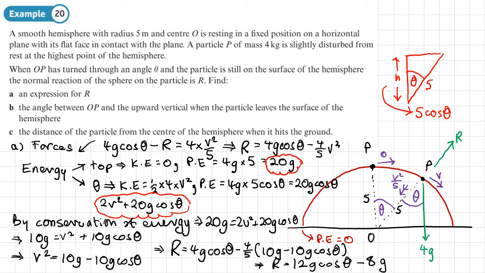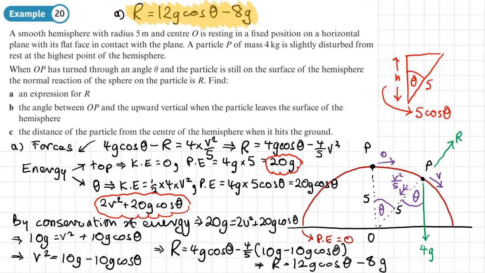So that gives us the normal reaction in terms of theta. So all we need is theta to work out the normal reaction. So R equals 12g cos theta minus 8g. I suppose we could factorize it, but I'm going to leave it like that. And I'm going to leave it at the top here because I'm probably going to need it for the next part of the question.